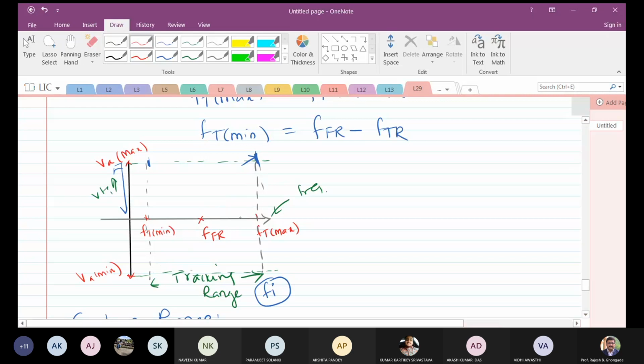Your maximum capture frequency is again limited. So this is your FC max, and this is your FC min. So the lock will happen only when the frequencies are in this range. And this range now is called the capture range.